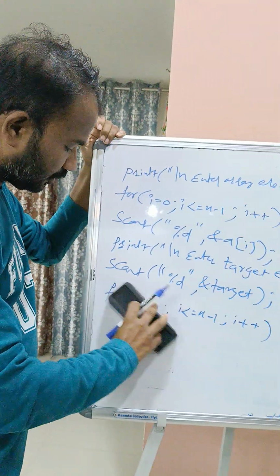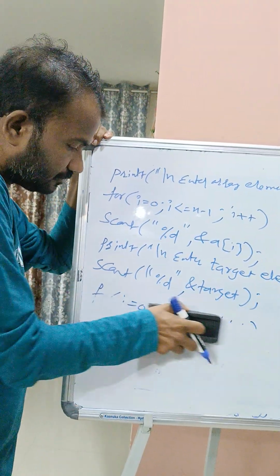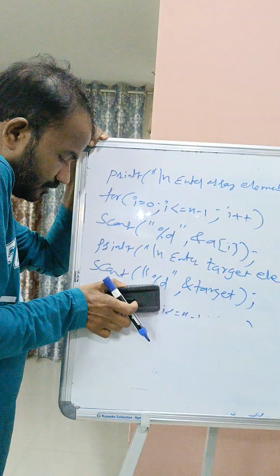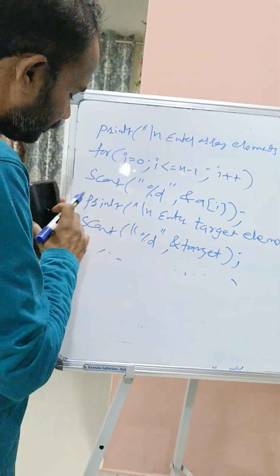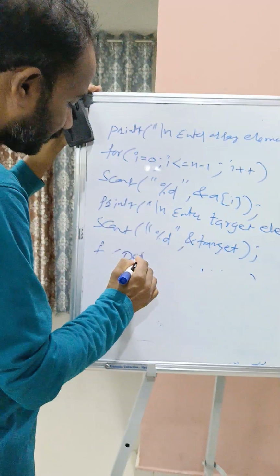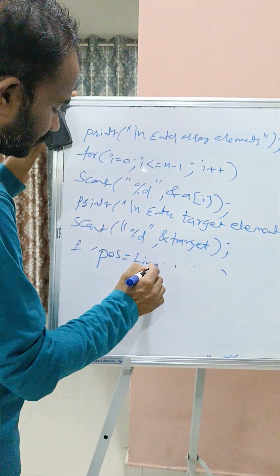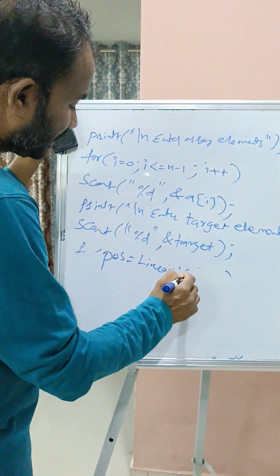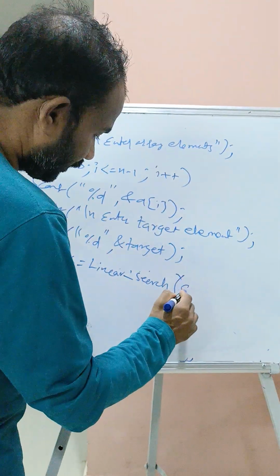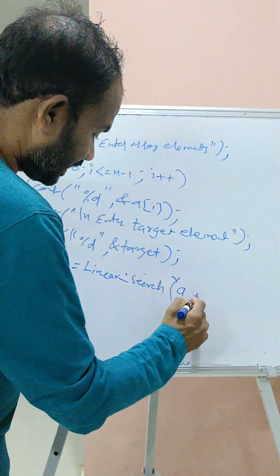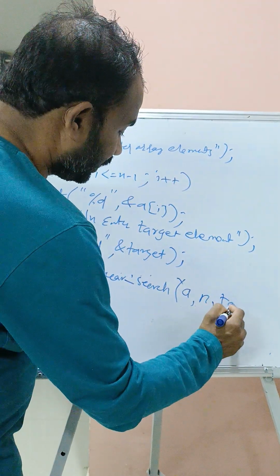That is better. So I am not taking this one. Simply I am going to call a function: position is equal to linearsearch. The function name is linear search, with the array, size n and the target element.